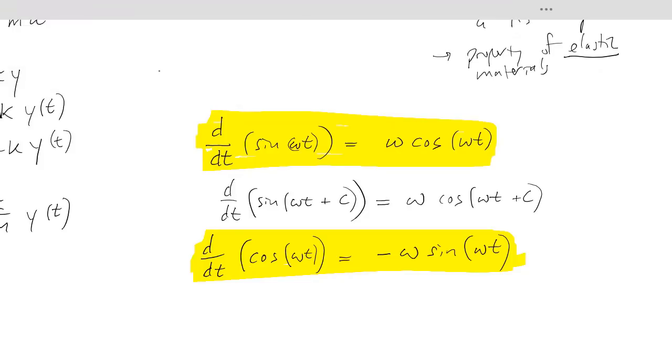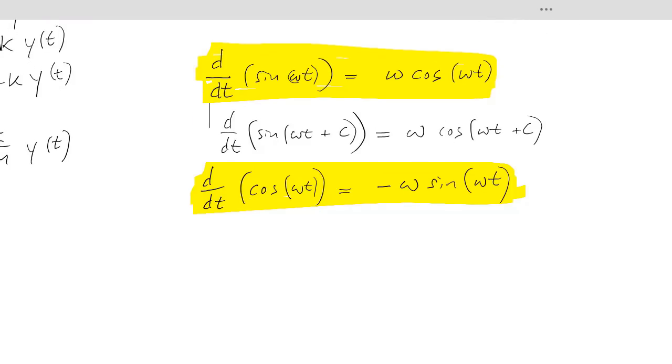Heck, I may just toss out one more derivative rule here, just because I think this is the easiest one. The derivative of e to some number alpha times t is actually just alpha e to the alpha t.